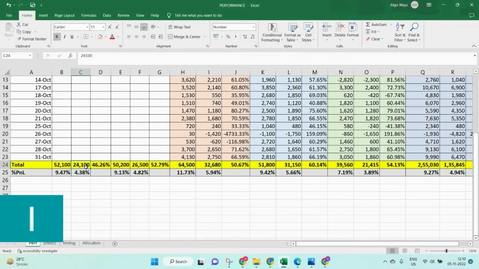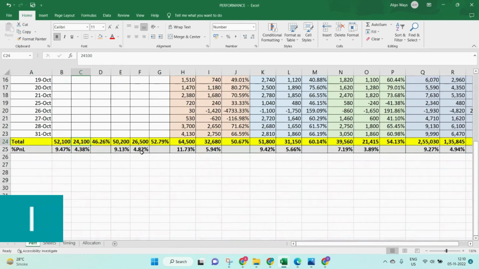What matters to us is 24,000, which is good, even after almost 50% slippage. We should not focus on having 50% slippage. You should think that we are getting 24,000, which is good enough. If that is not good enough, then fine, slippage is not making it viable for you.